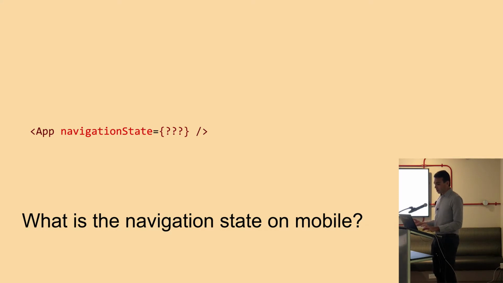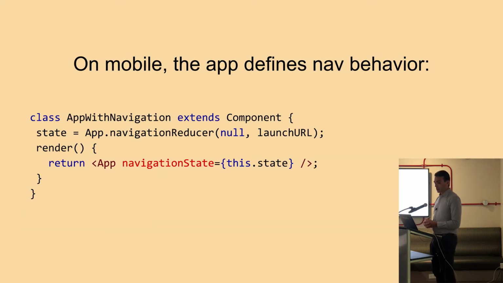So I brought up the concept of a reducer quite intentionally because here is a way that we can model what it's like when we're being told to launch with a particular URL. Here we're defining our application component. It's labeled app with navigation because it's smart and it's able to handle URLs. And at the very beginning, it's given a launch URL.